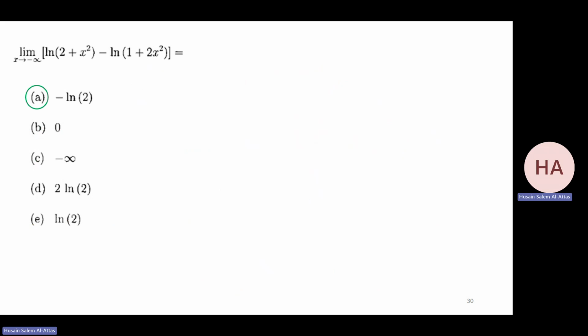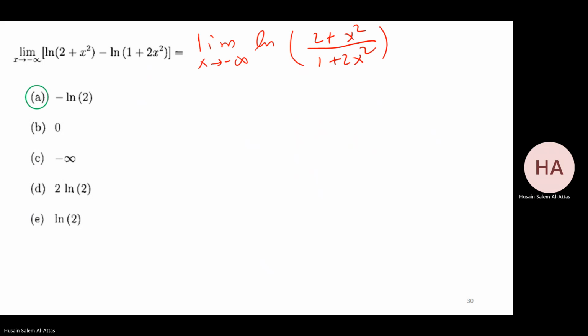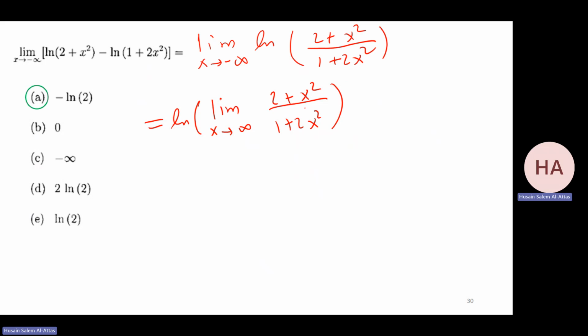Another one, not that difficult. Limit as x goes to minus infinity of ln of this. Clear. If you take the limit inside, you have the limit of this, which is, you know it, this is what? Same degree. So it will be the coefficient. So this will be ln half, or you can write it minus ln 2.